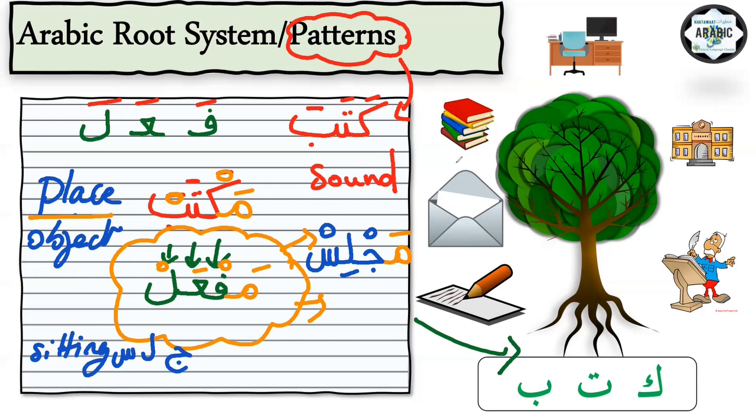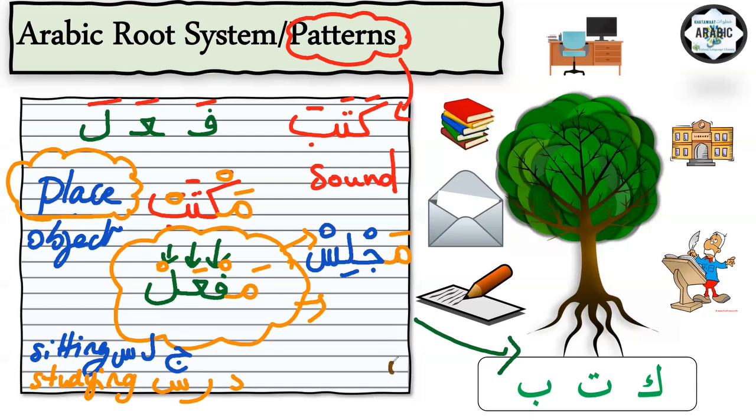There are many other examples, like the meaning of writing. Studying: if I'm referring to studying, I would be using the root darasa. Then I run into a word that shares the same root as darasa, meaning studying.